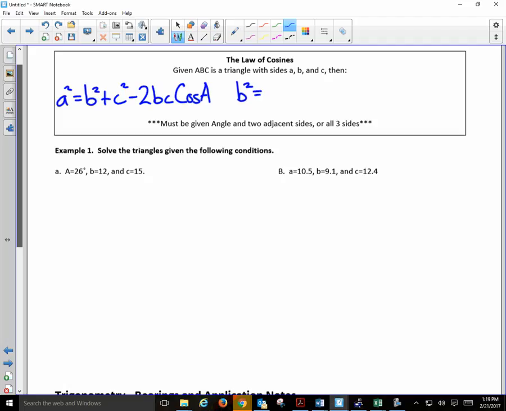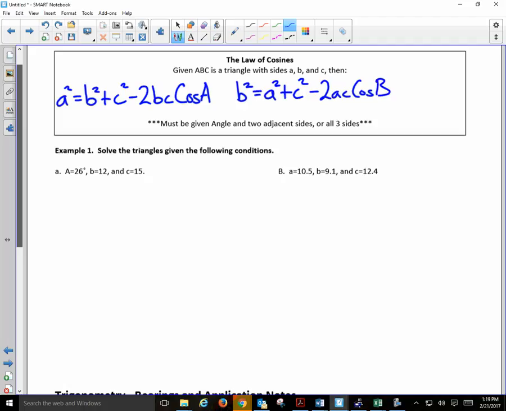A squared plus C squared minus 2AC cosine of B. Oh, capital B because it's an angle. My bad.